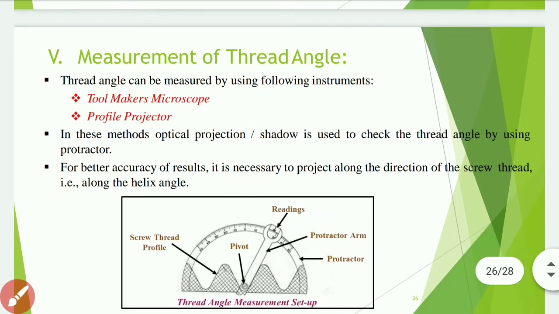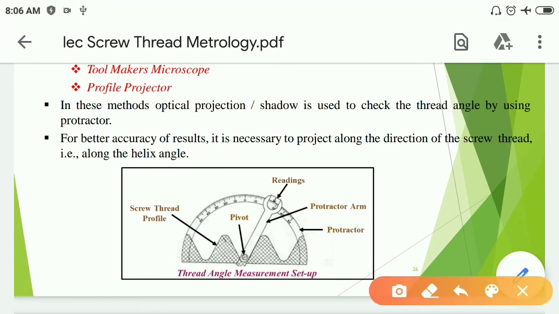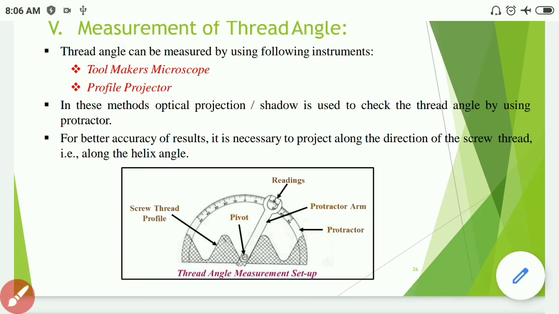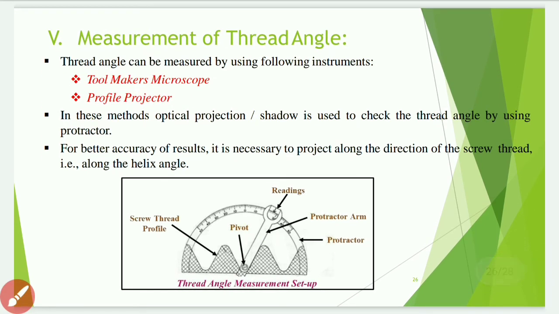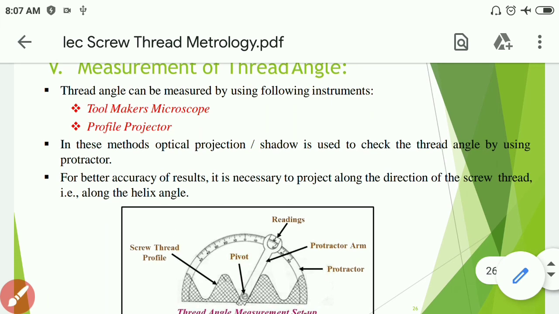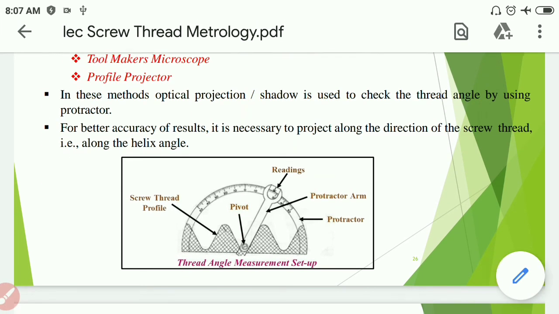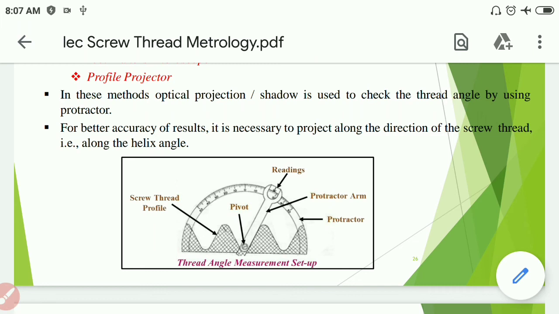Then next is measurement of thread angle. It can be measured by using the following instruments: toolmaker's microscope and profile projector. In this method, optical projection oblique shadow is used to check the thread angle by using a protractor, as shown in the figure.